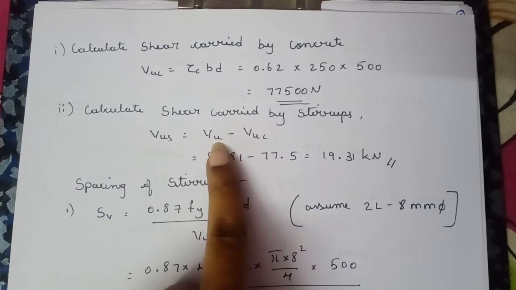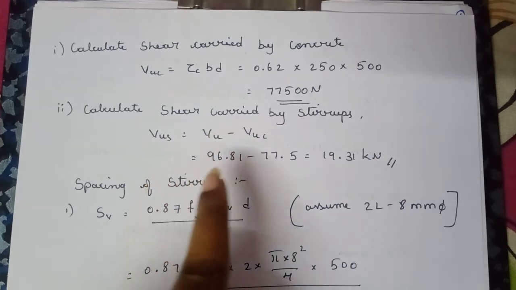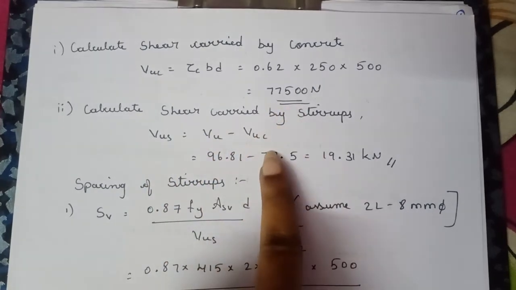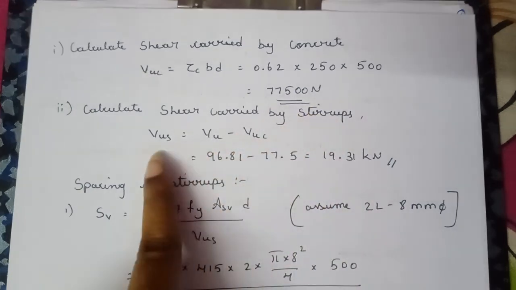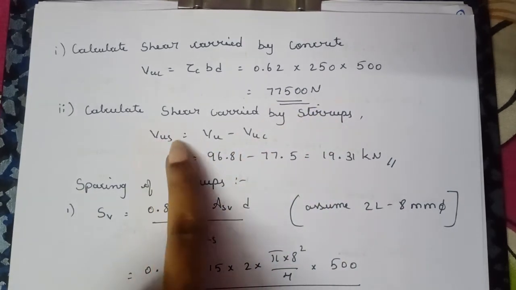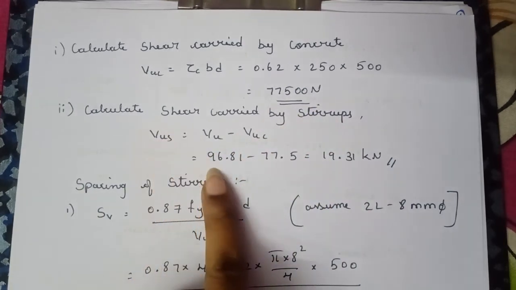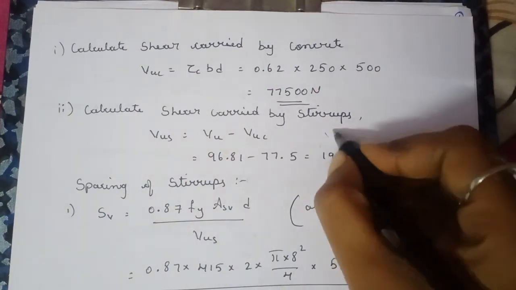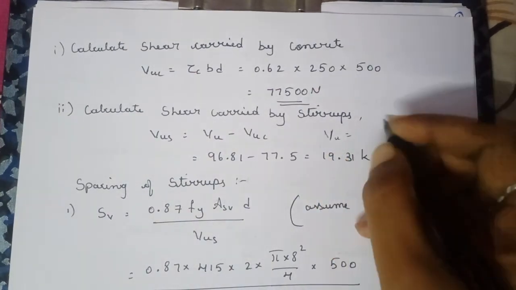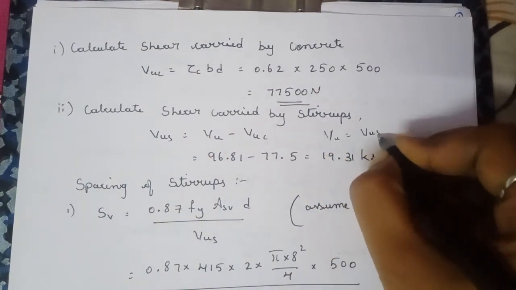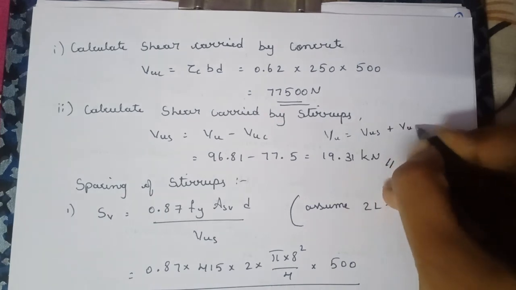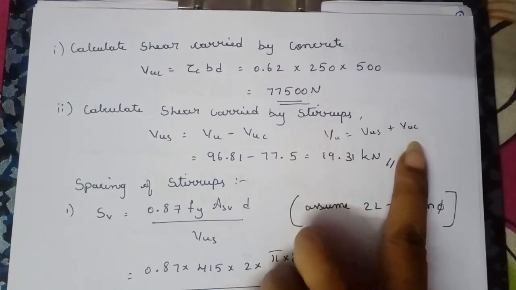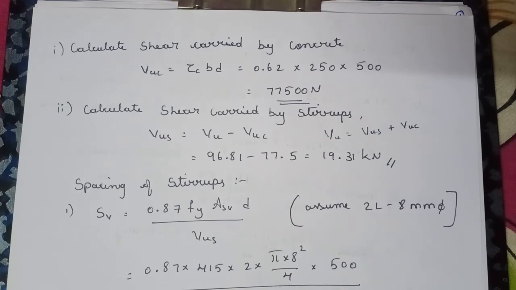So VU is the shear force. We know how much the concrete can take up, but how much the steel should take up, if you calculate it, you will get this equation. The equation is nothing but total shear force VU should be taken up by steel as well as concrete. So if you rearrange this, you will get this equation.